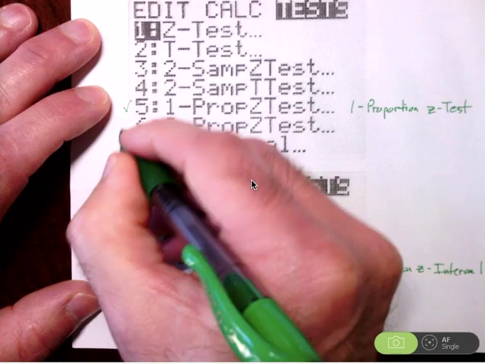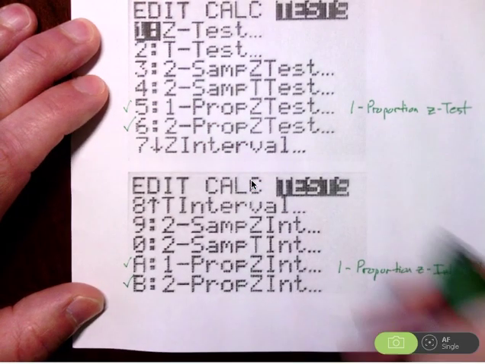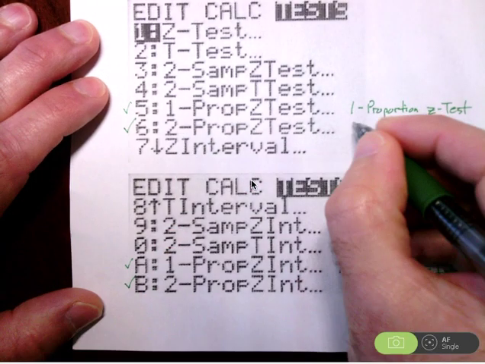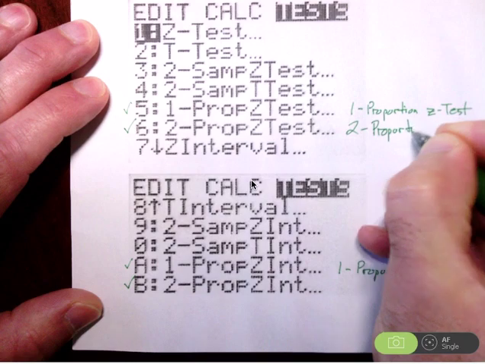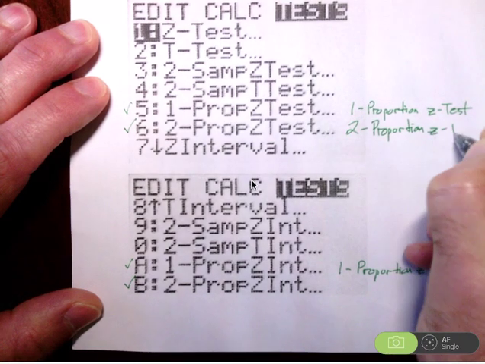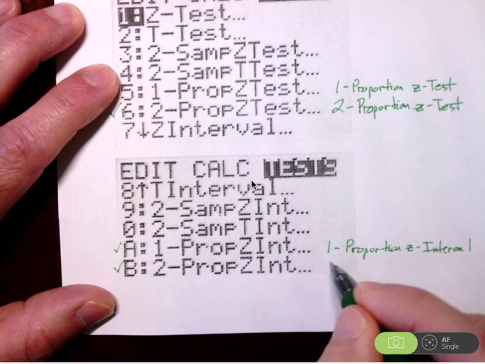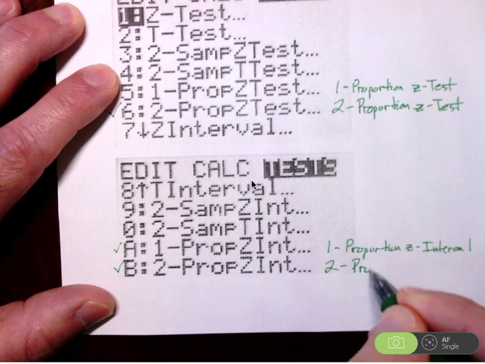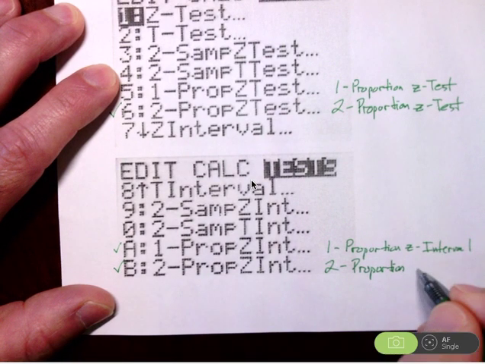Those commands are right below the one proportion test and interval commands. So this is the command for a two proportion Z test. And down here, this is the command for a two proportion Z interval.